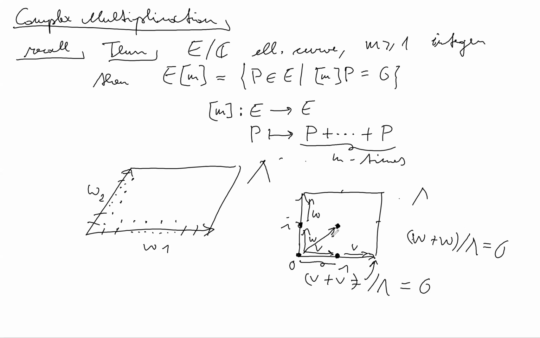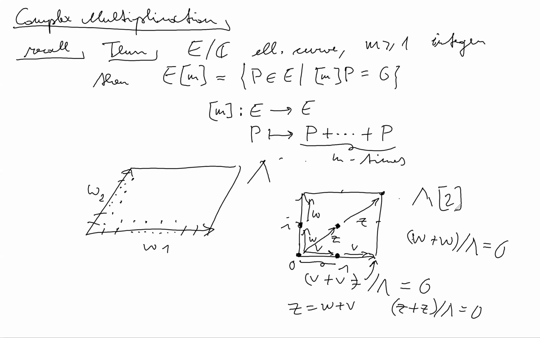Let's call this Z. Then Z plus Z, mod lambda, is equal to 0. At this point, mod lambda just collapses back down to 0. And then you can just do this for any integer that you like. So this gives me the torsion group.